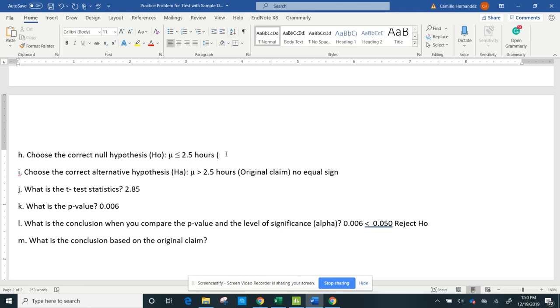I'm going to say false. I would prefer to say not true, but we're just going to say false for right now. This is false, and this one is true. Okay. Well, that makes it easier when I have to do my original claim conclusion. Because remember, my original claim was that the mean hours was greater than 2.5, and that's a true statement.